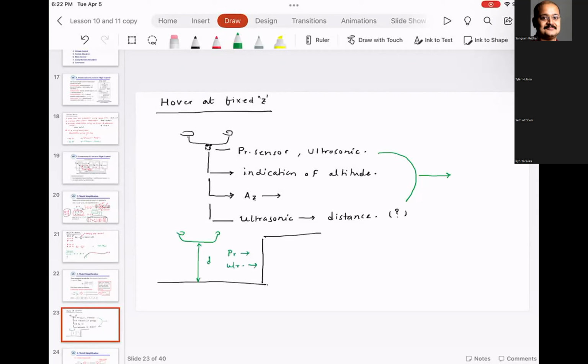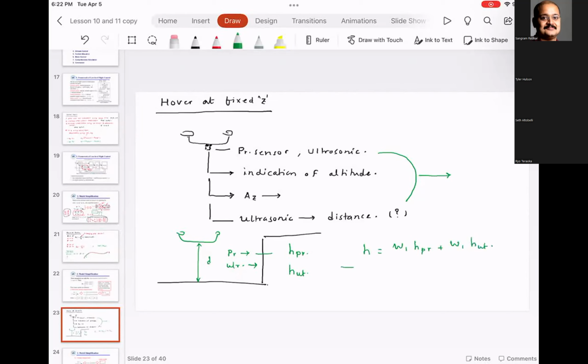I would see what should be the relative weights on the pressure value and on the ultrasonic sensor value. So I would find the height from the pressure sensor, find the height from the ultrasonic sensor, and then use a complementary filter: W1 H_pressure plus W2 H_ultrasonic.